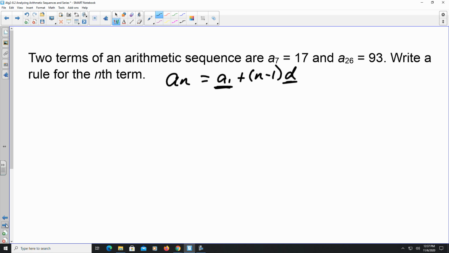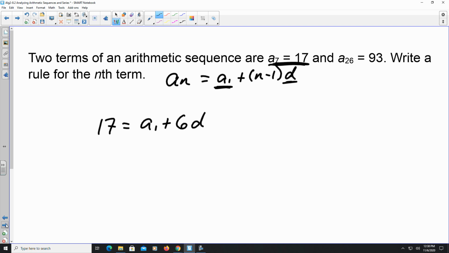So I'm going to rewrite the rule with respect to a sub 7. It's going to be 17 is equal to a sub 1, which we don't know yet, plus 7 minus 1, which is 6, times d.